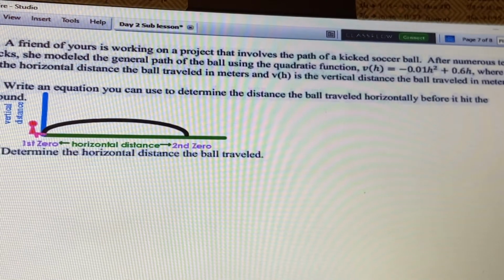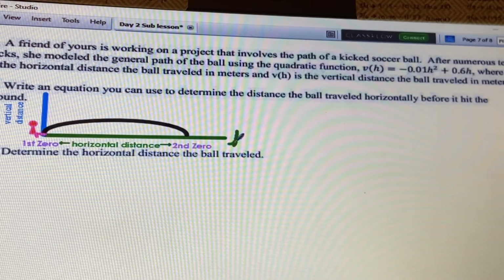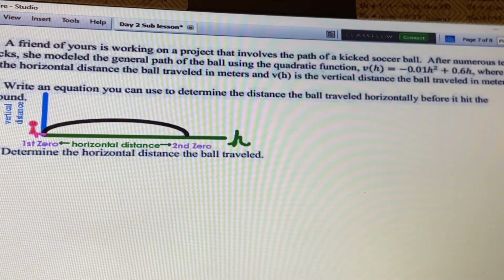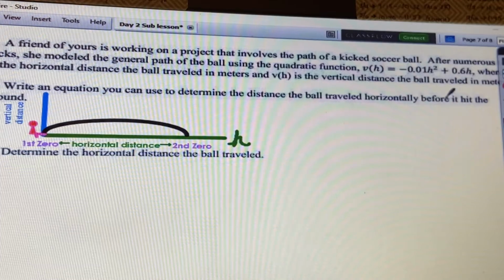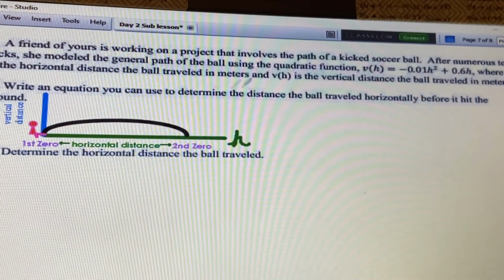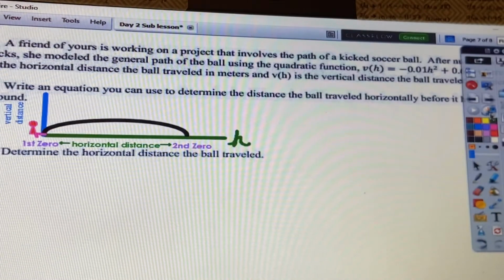So this right here, our horizontal distance is h. So we can label this as our h. And the vertical distance of the ball traveled in meters is your v of h. So right here, I want that thing to stay there.